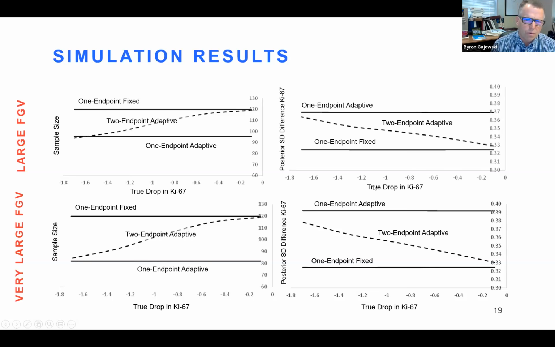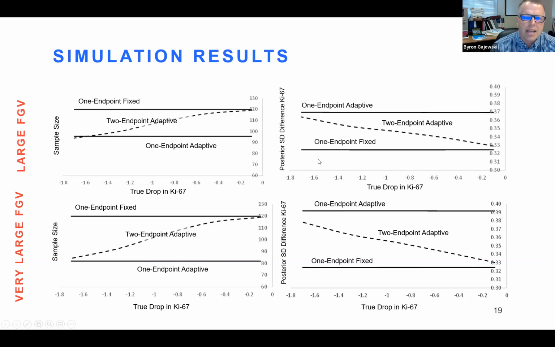Now, a lot of times, since we're not making a trial success based on Ki-67, we're most interested in the length of the credible interval. And that's a function, excuse me, of the posterior standard deviation of the difference in Ki-67.